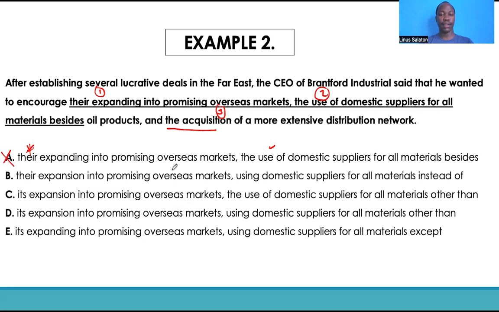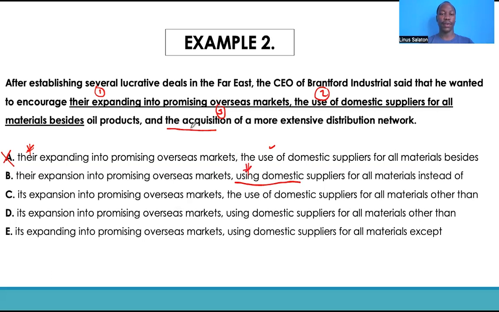B: the expansion into promising overseas markets, using domestic products for all materials instead of oil products. So already we can see that this one breaks the rules of parallel construction. This is not in the correct manner.